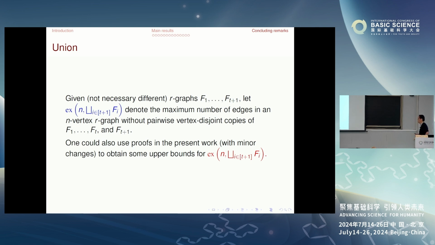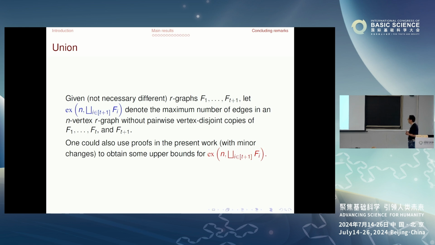Then I think I'll give some concluding remarks. In this section, we consider all the t plus 1 vertex-disjoint copies. We always have the vertex-disjoint graphs being the same.